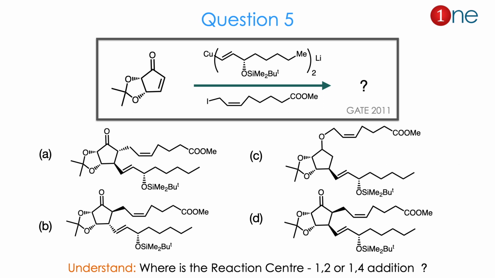The question is really about how these new groups are interacting with the cyclopentane system, whether at the 3rd, 4th position or 1-4 position, or 3-4 in a syn fashion or trans fashion. It's a bigger molecule, but only simple chemistry is asked. From the reactant to product, you might guess where the reaction center is. Is it a 1-4 addition or 1-2 addition? The answer is A. Let us see how.